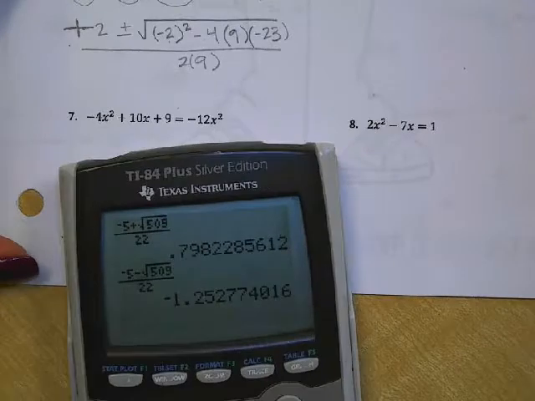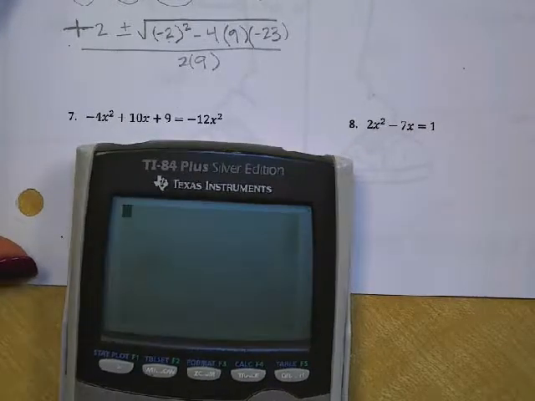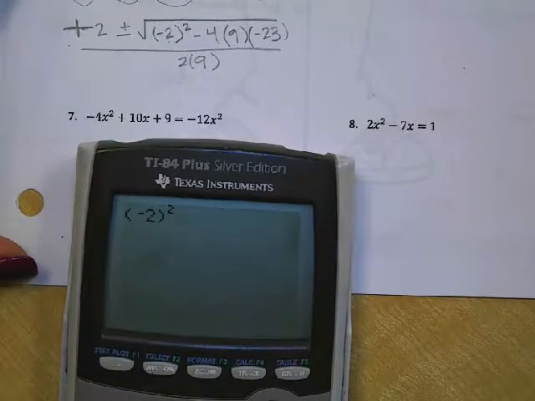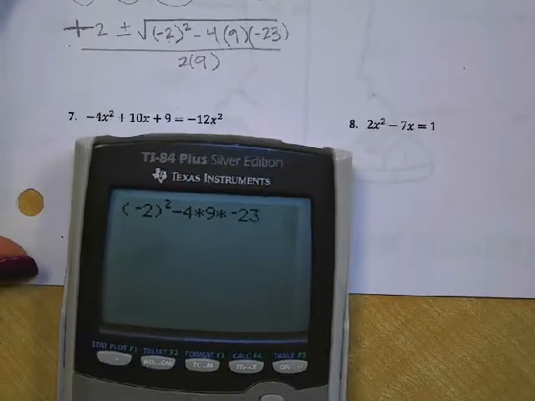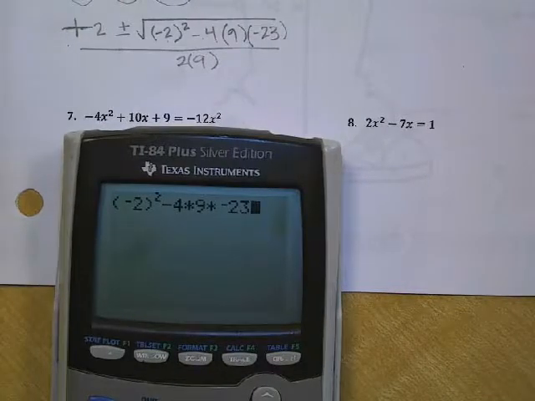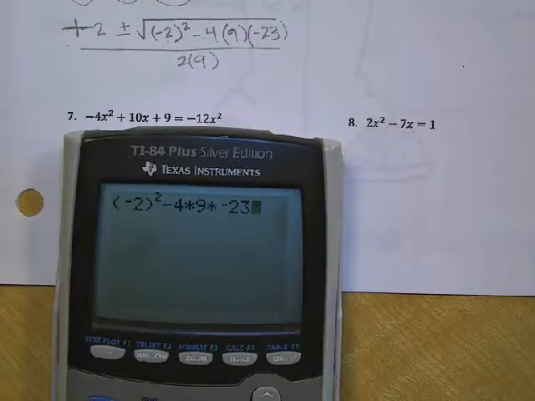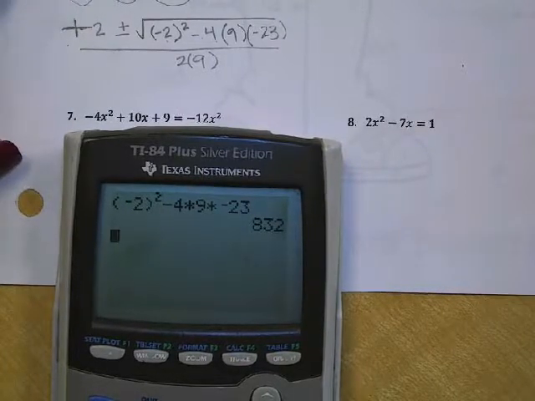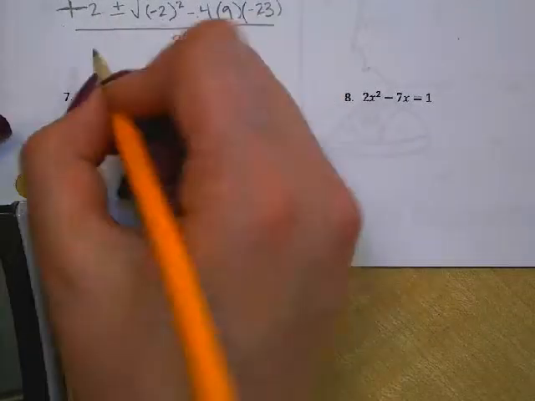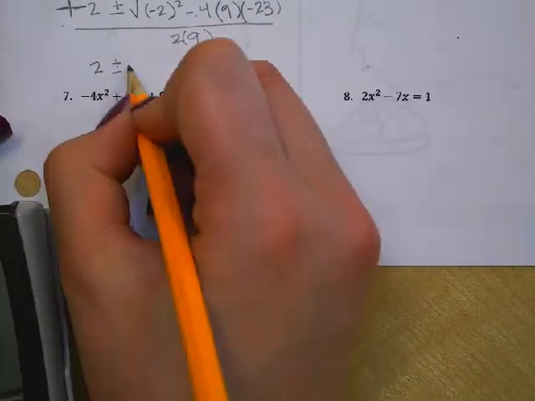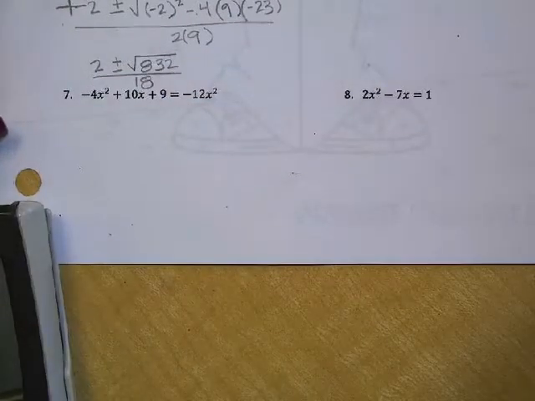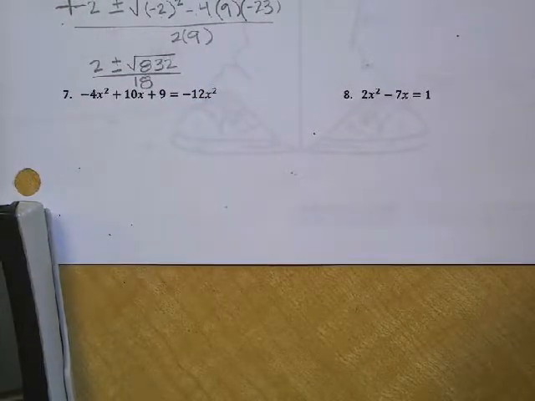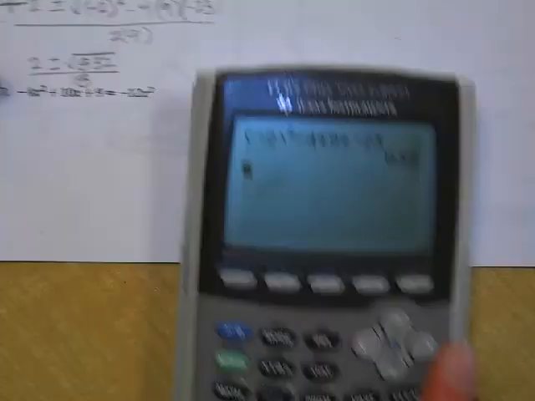Okay, so now we'll go ahead and figure out what the discriminant is. All right, so we have 2 plus or minus the square root of 832. It's a big one. Is that a perfect square? No. No, definitely not. All right, so this one's ready to plug in.